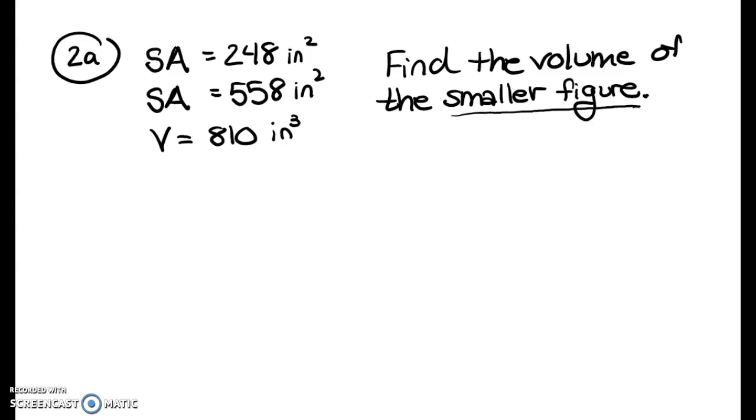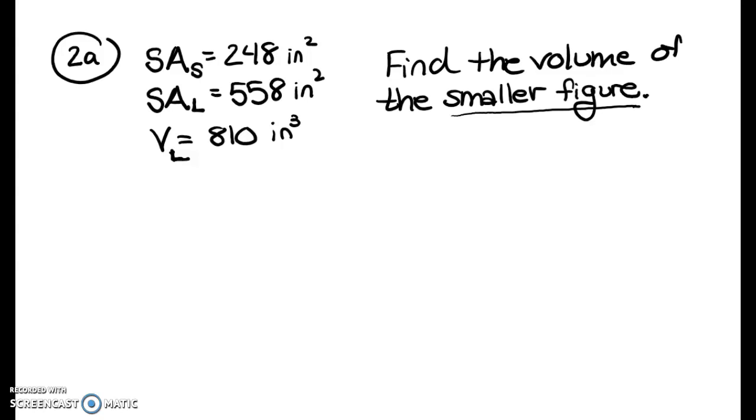So this must be the larger figure. So I'm going to put an L underneath it just so that I know it's the larger one. Which surface area is the surface area of the larger figure? Well, it is the one that has the larger surface area. So that's my larger figure, which means this one must be my smaller figure.